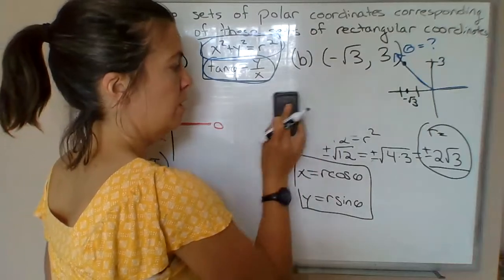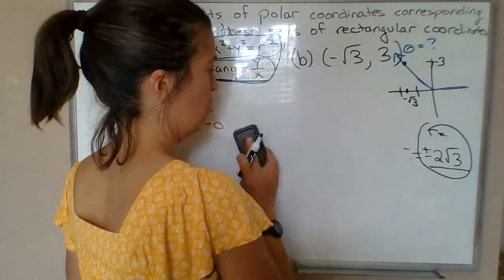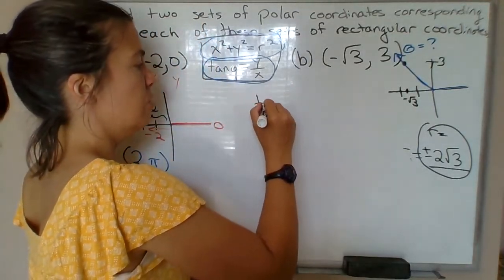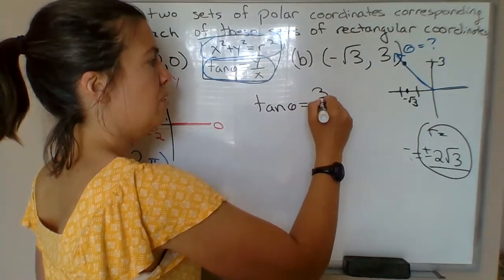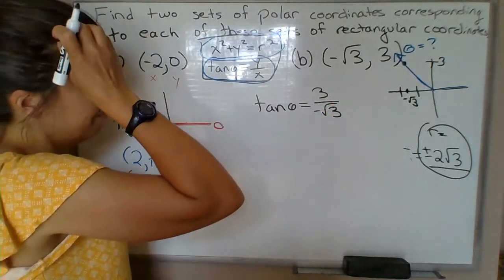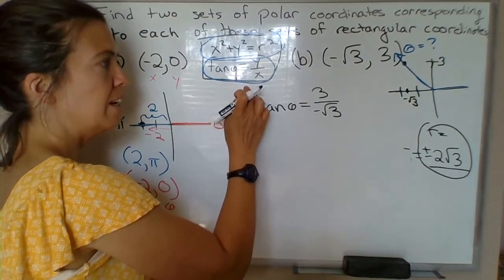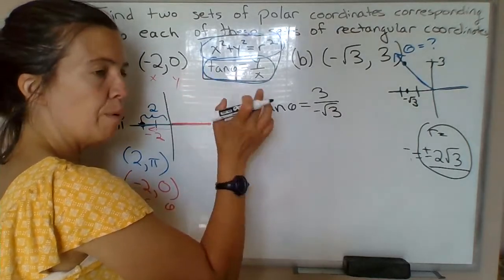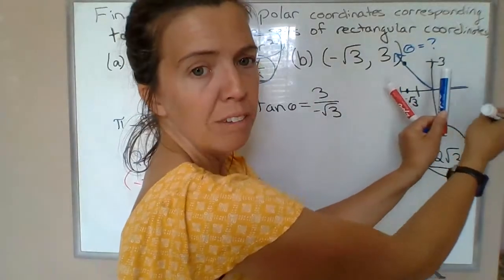Let me get rid of the work here so I have some space. I don't think we're going to use those equations either. Okay, this equation now: tangent of theta equals y over x. I don't like to write theta equals arctan of y over x as a conversion equation, because if you remember, arctangent has a specific range, negative pi over 2 to pi over 2.